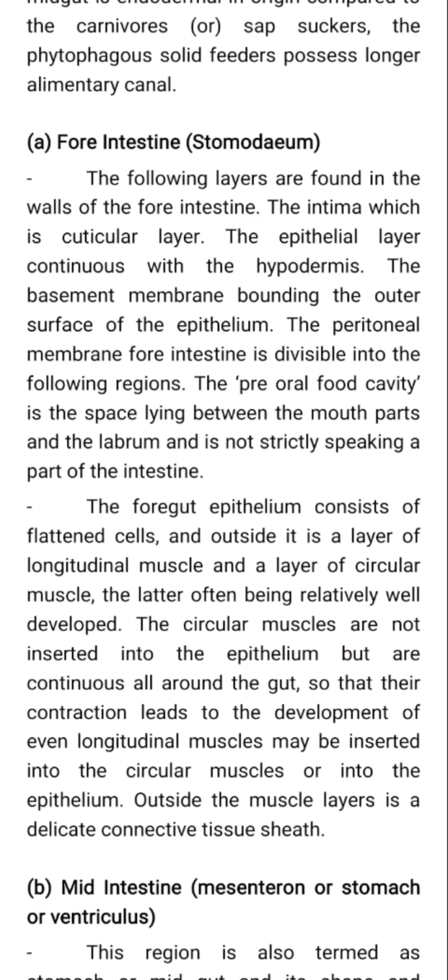The circular muscles are not inserted into the epithelium but are continuous all around the gut, so that their contraction leads to the development of even constrictions. Longitudinal muscles may be inserted into the circular muscles or into the epithelium. Outside the muscle layer is a delicate connective tissue sheet.